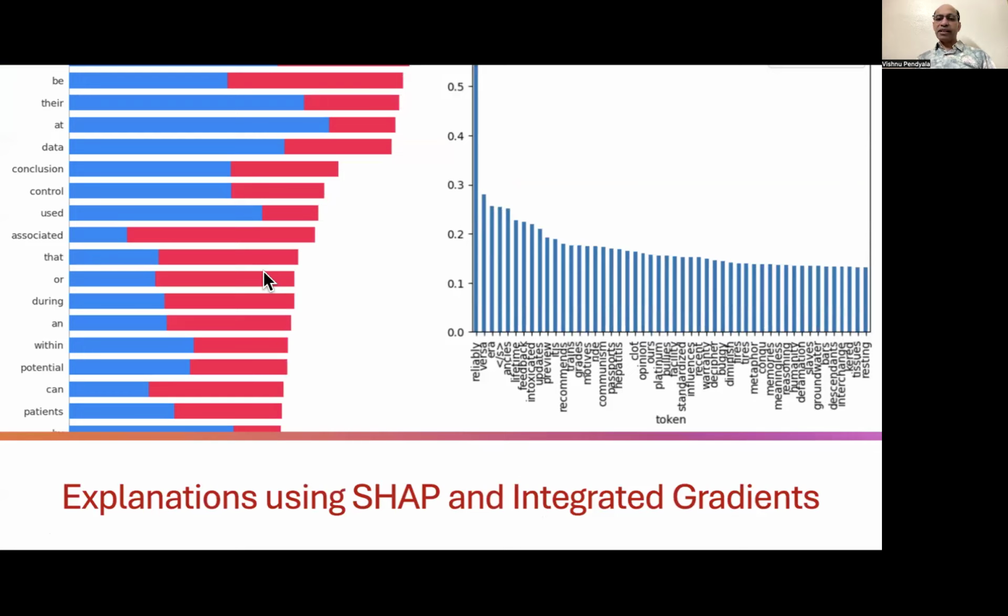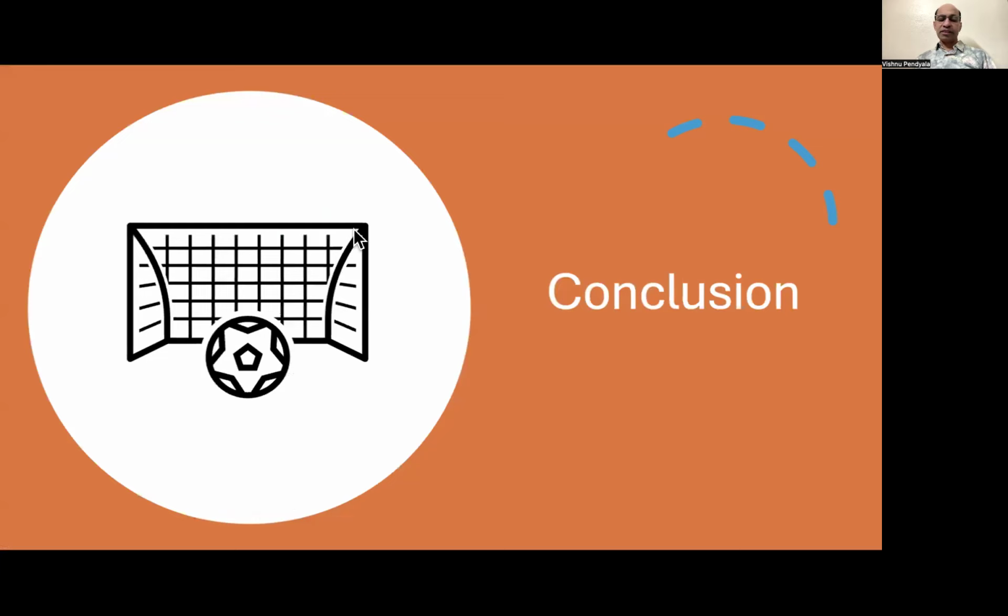We observed a similar kind of effect when using SHAP and integrated gradients. The words did not really make a whole lot of difference, in our opinion, towards the classification.